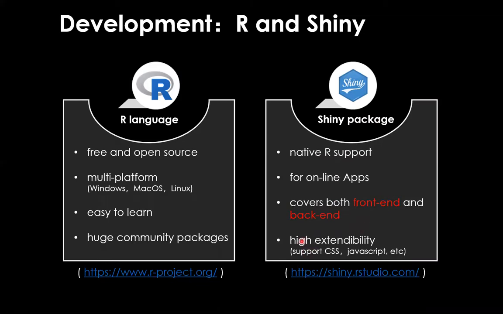It is very easy to extend if you know web development languages such as CSS or JavaScript. You can make the application better if you know more, but if you don't, it's still okay, because everything incorporated in this package can already make very nice web-based applications.